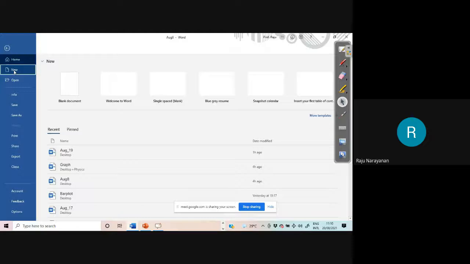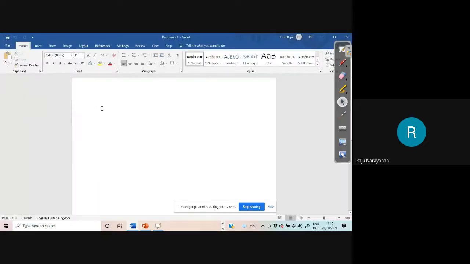Yeah, new file, okay. Suppose you can enter anywhere, you can enter data. Tell me some data, easy data. That is pressure and temperature.